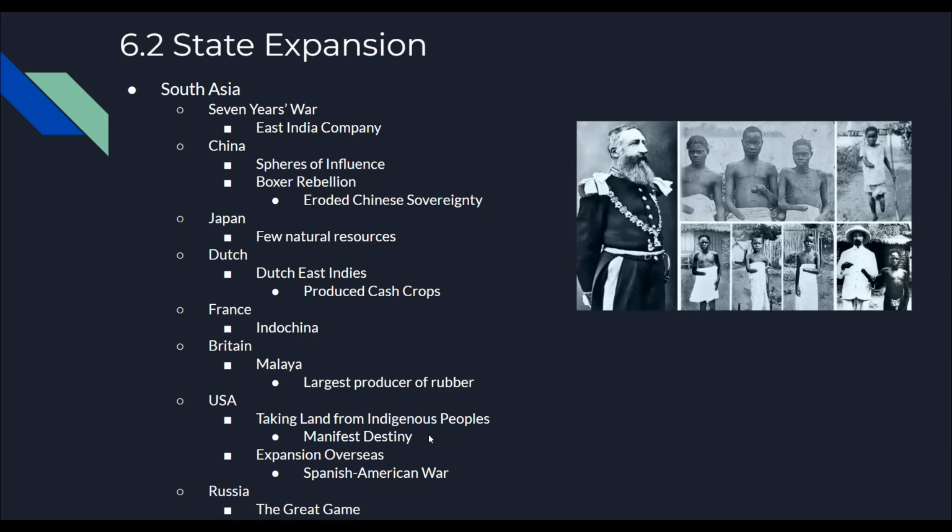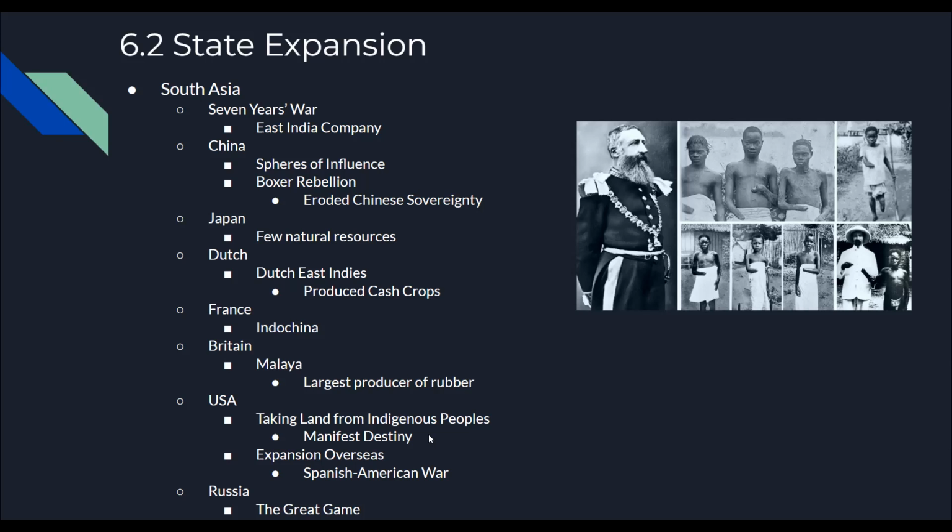And this was caused by the Spanish-American War between the United States and Spain. This all happened in the late 1800s, and all of these territories came in the early 1900s due to colonialism.